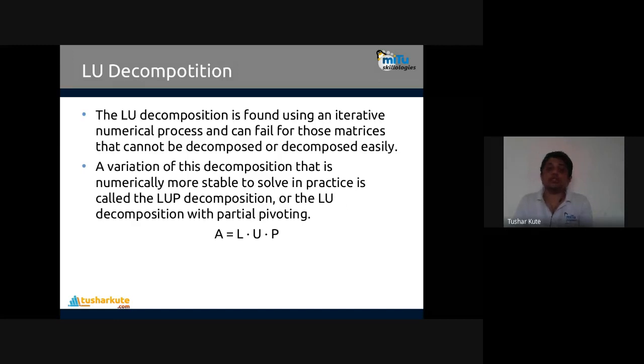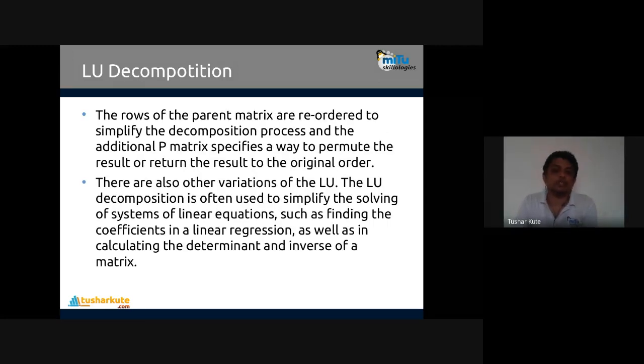The variation of this decomposition that is numerically most able to solve in practice is called LUP decomposition. P stands for partial pivoting: LUP decomposition, or LU decomposition with partial pivoting. So A equals L dot U dot P. In this way the decomposition may be possible.